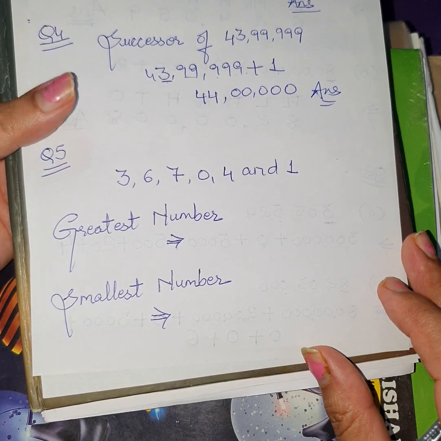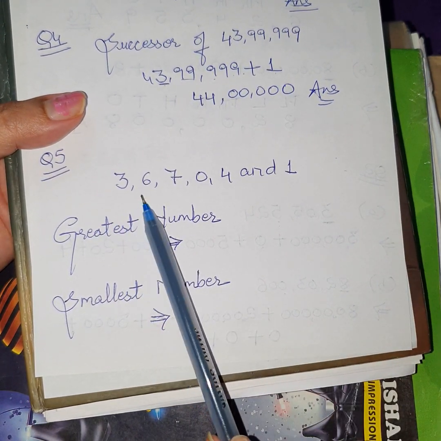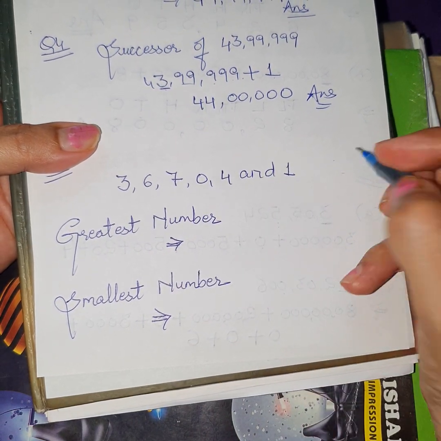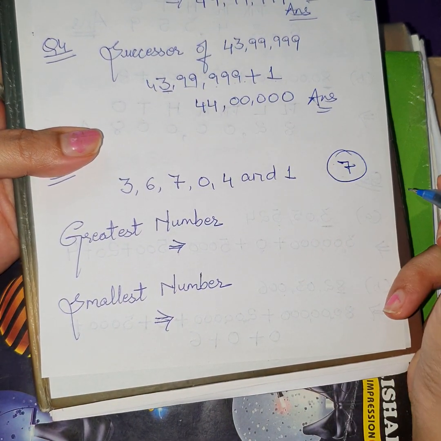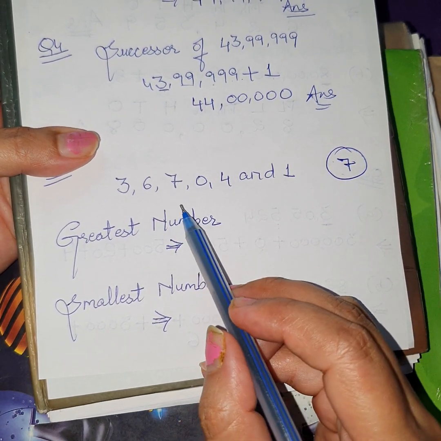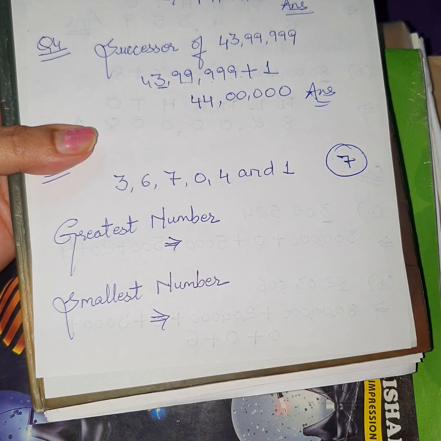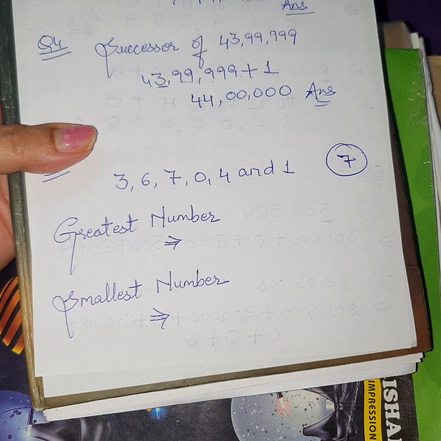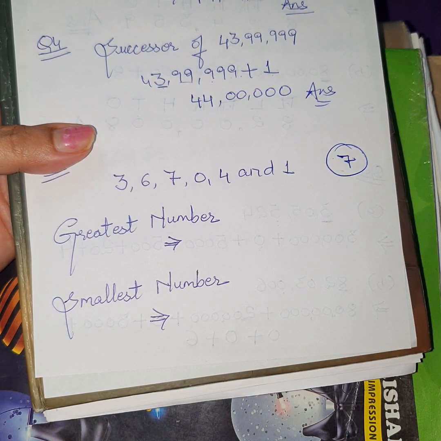Now question number 5. I have given you 6 digits here and then in the question I have told you to frame the 7-digit number, right? So when I explained chapter number 1, at that time I told you that whenever 4 digits or 5 digits are given and it is mentioned in the question to write the greatest 5-digit number using the 4 digits, or make the greatest 6-digit number by using the 5 digits, then in that case what do we do?